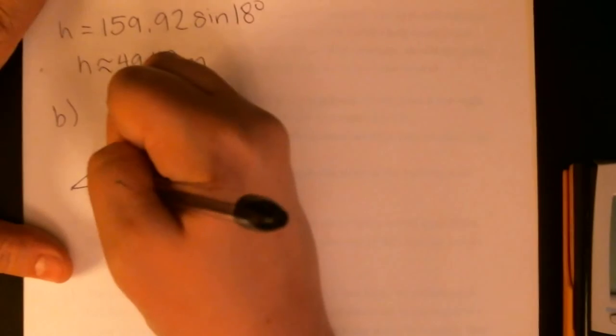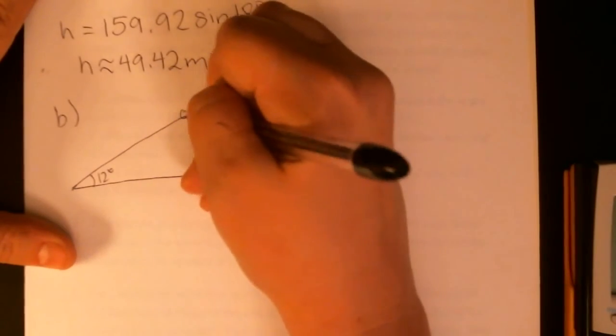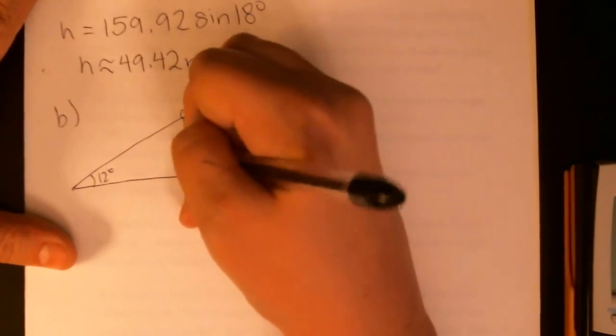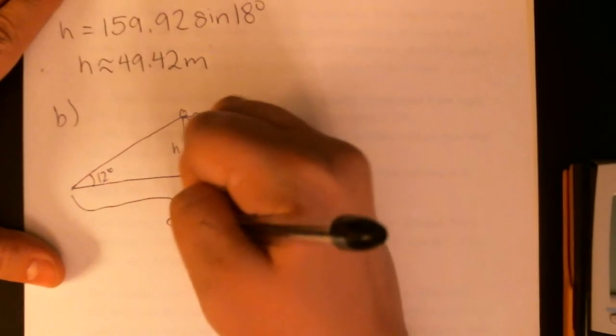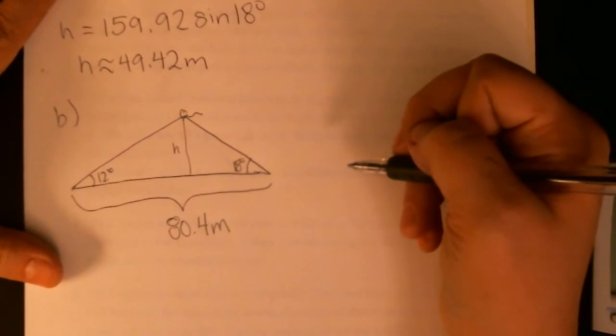That's a little big looking for 12 and 18 degrees. And here's our balloon, and we want to figure out the height of the balloon. And what we know is that this side length is 80.4 meters.